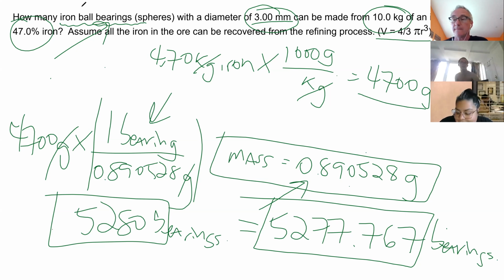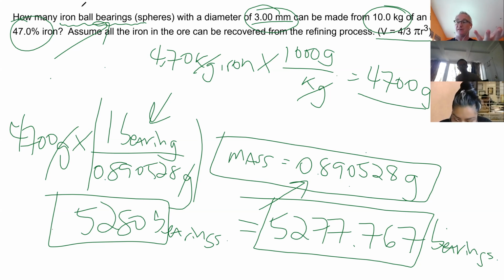If it doesn't say assume all the iron in the ore can be recovered from the refining process, should we truncate in that case? No. Basically, that's just there because if you're refining, let's say, iron ore, you dig up the rock, you give it to a geologist or a metallurgist, and they grind it up and find out that 47% of it is iron, because they took it into a lab and extracted all of the iron from it.